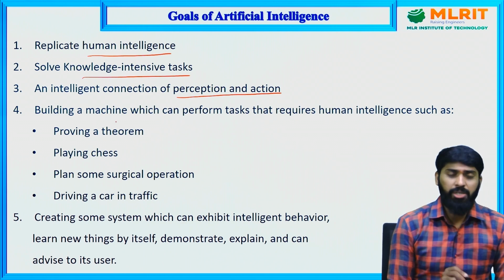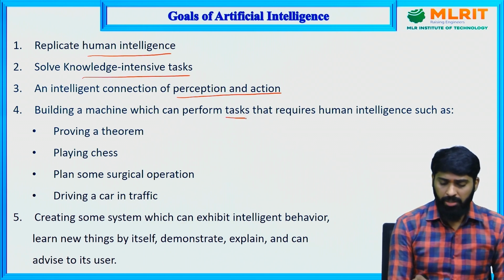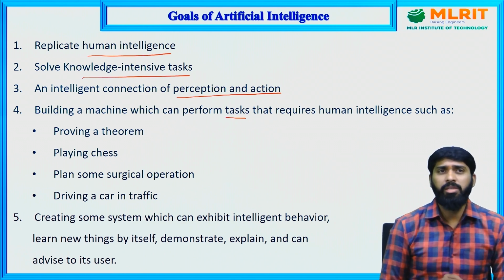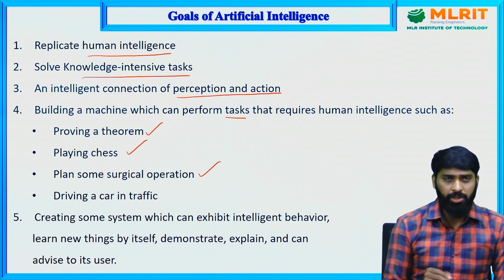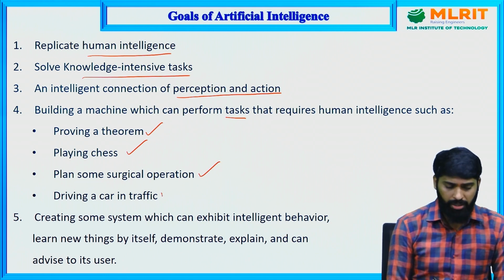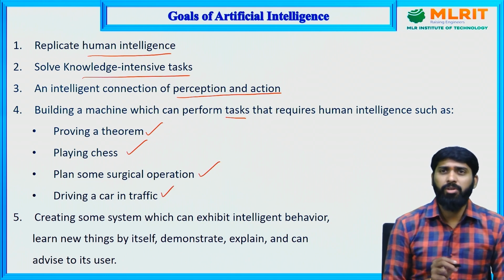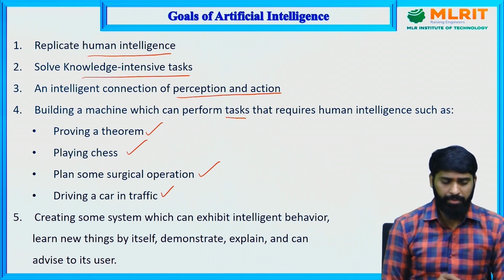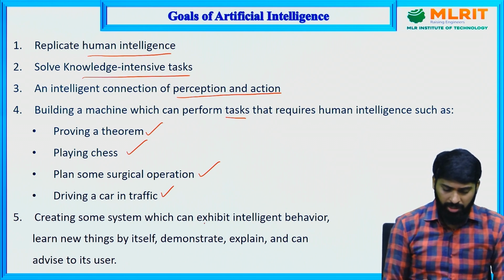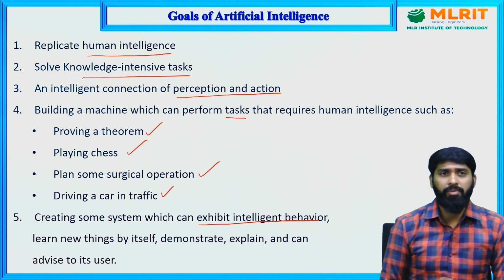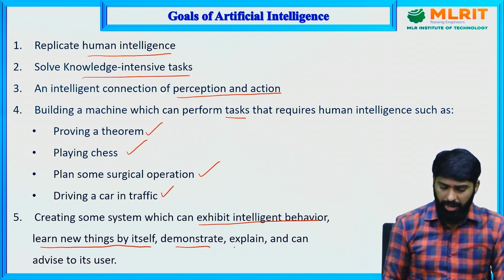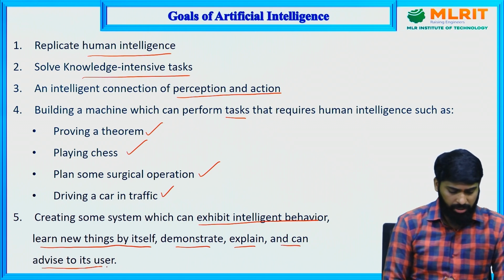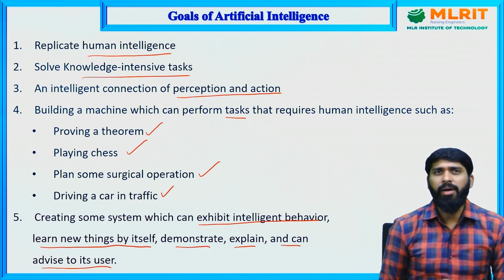Building a machine which can perform tasks that require human intelligence, such as proving a theorem, playing chess, planning some surgical operation, driving a car in traffic. So these types of machines we are going to build with the help of AI, creating some systems which can exhibit intelligent behavior, learn new things by itself, demonstrate, explain, and can advise its user. So these are the goals of artificial intelligence.